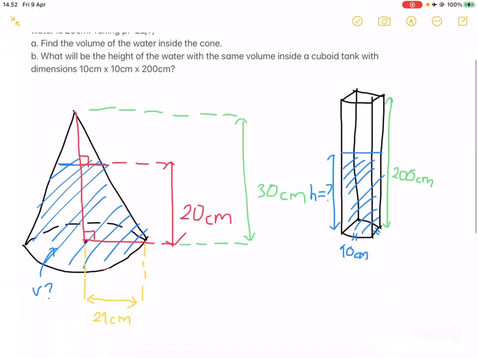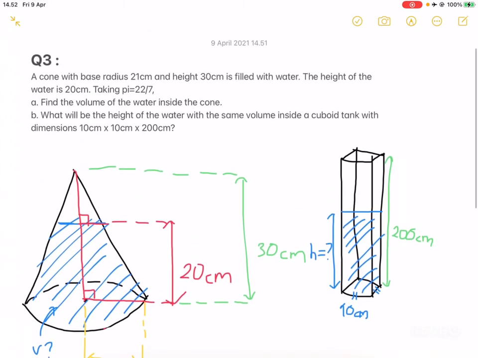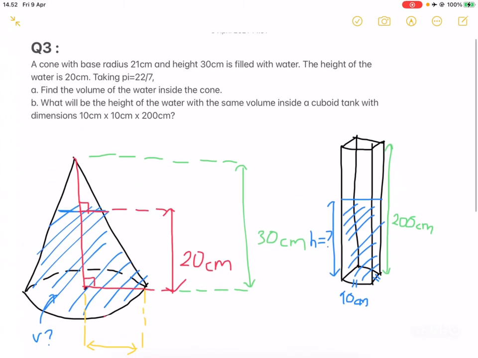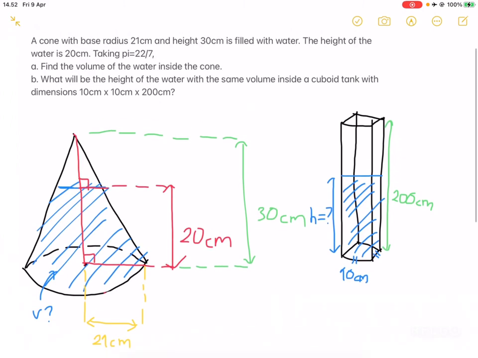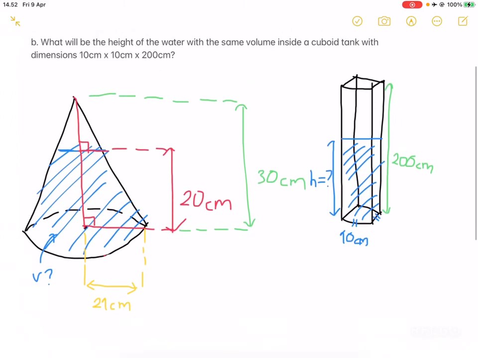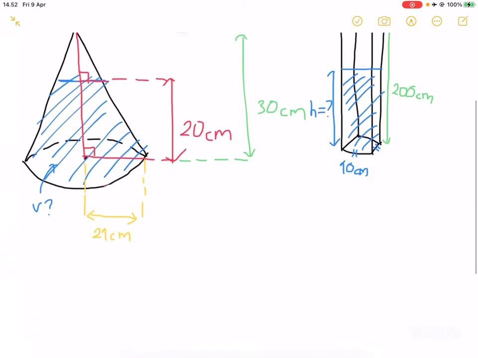Alright, for easiness, I've drawn 2 diagrams, each representing parts A and B respectively. So for part A, it is the cone. So as you can see, the dimensions are shown here. Now you may think that it's pretty easy to find the volume of the water inside the cone.